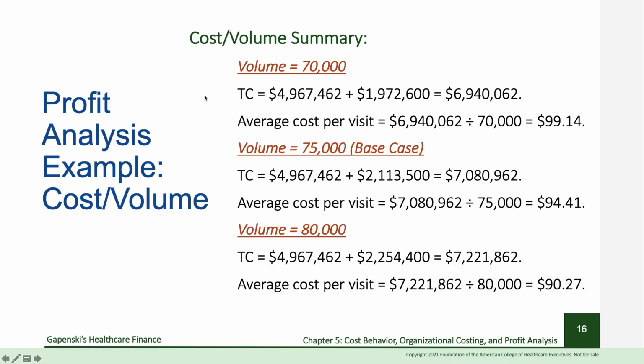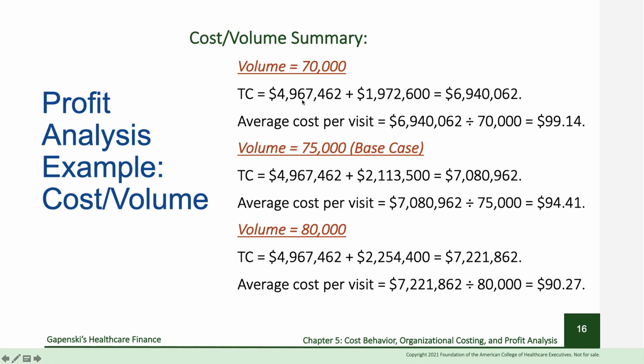Okay, now we are changing the volumes and trying to analyze profit in a different way, taking different volume sets. We are looking at a volume of 70,000 and what the average cost per visit will be.